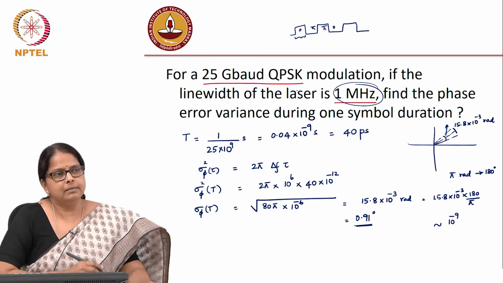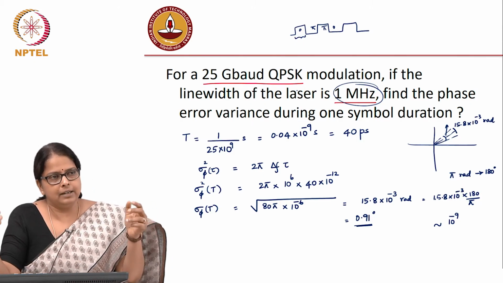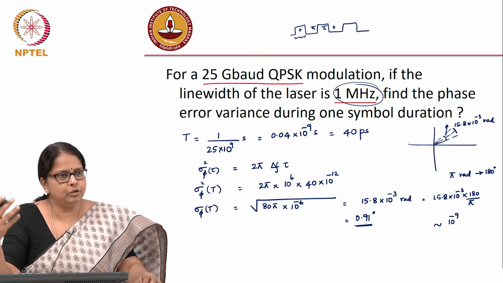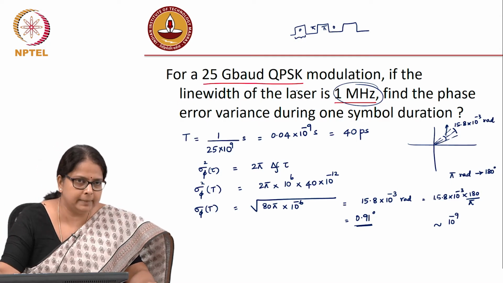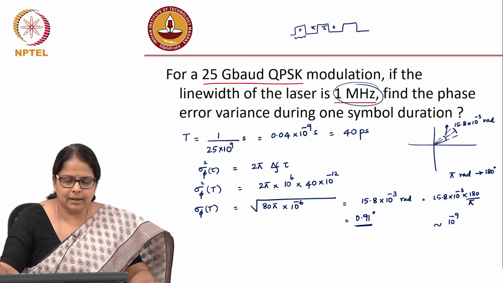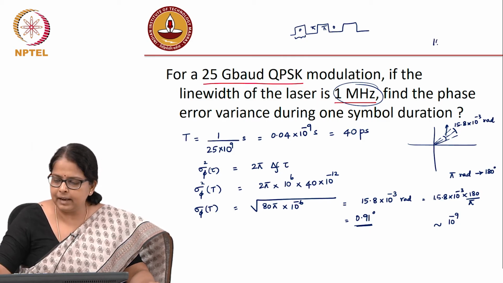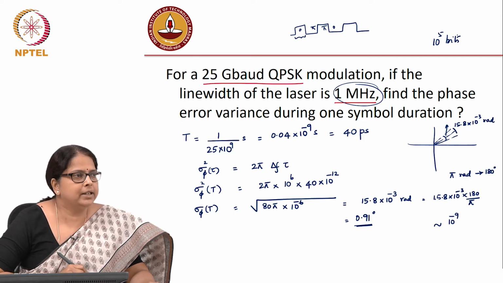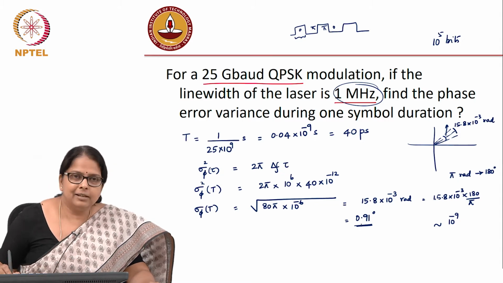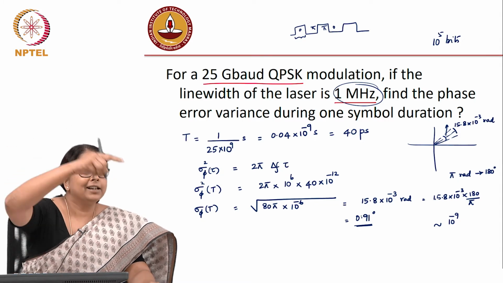So, of course, you do a demodulation one bit at a time, but if you are trying to look at, let us say, 10 power 5 bits, oh, that is quite dangerous. Over 10 power 5 bits, the phase gets the error in.